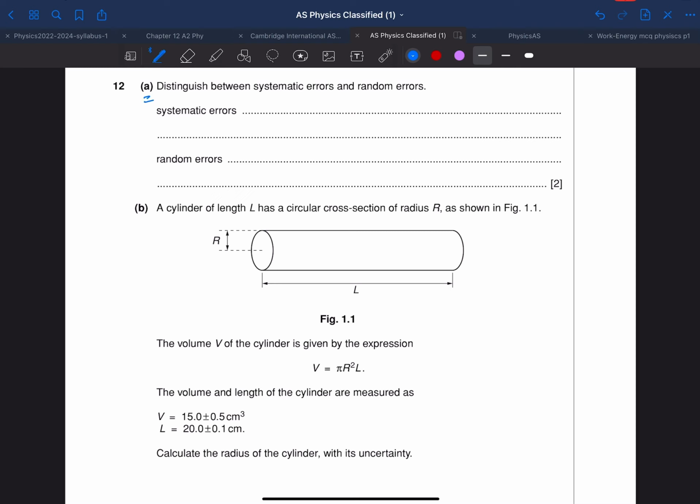Here you can see again in this question, in part A, they are talking about distinguishing between systematic errors and random errors. So how will you distinguish? Systematic error is simply the error in the system, or the error due to the instrument, or even wrong assumptions.